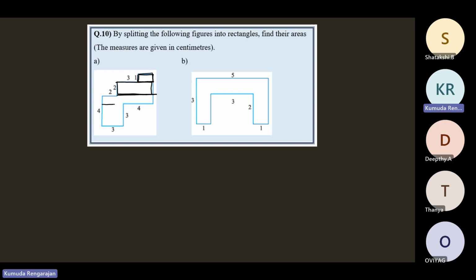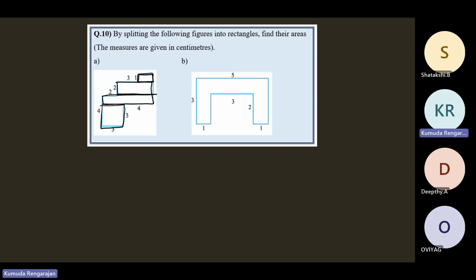With the help of this line segment, we are able to complete this rectangle. And now the 4th rectangle is automatically completed. So by using line segments wherever you need, we divide this whole figure into 4 rectangles.